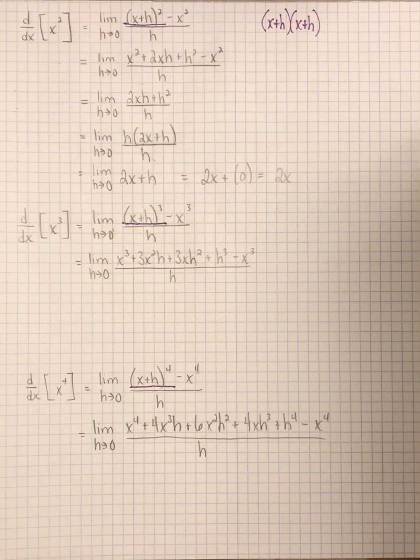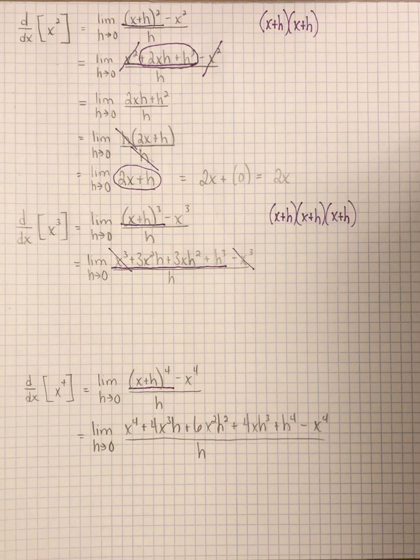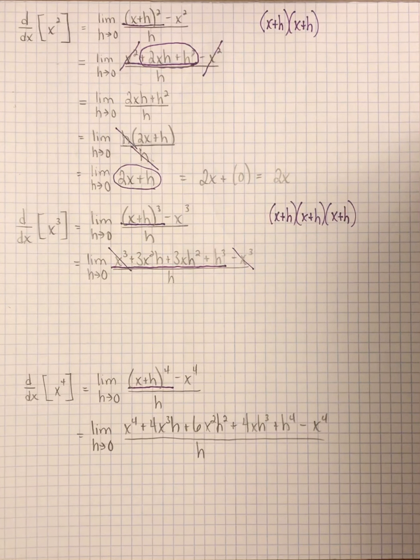Now again, what we see here is the x cubes will cancel out. The remaining terms then all have at least one h in each of them, and that h can be factored out to cancel with the h in the denominator. So I'm going to combine a step or two here.